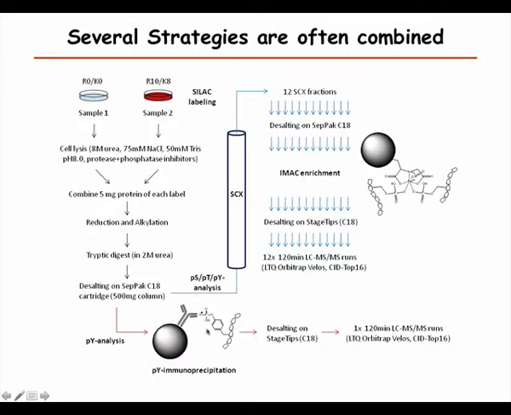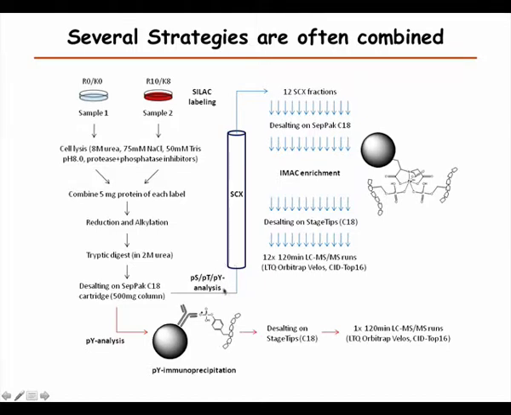So you can enrich for the phosphotyrosine with antibodies and analyze those, or you can also split the sample and analyze the serine, threonine, and tyrosine together.